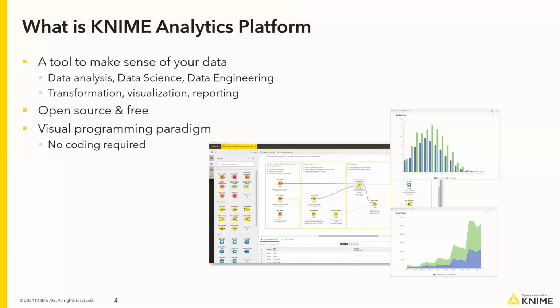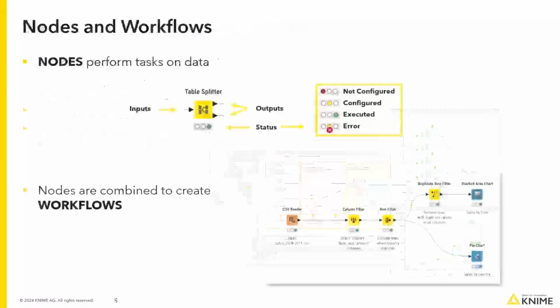What does low-code mean? KNIME Analytics Platform is using a visual programming paradigm. That means that in KNIME Analytics Platform, you build your projects as workflows. So these visual workflows that you can see on the bottom here consist of so-called nodes.